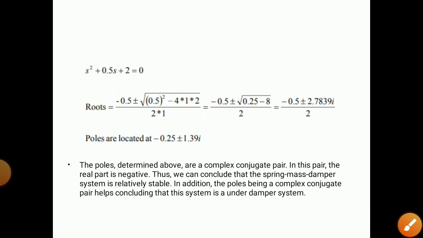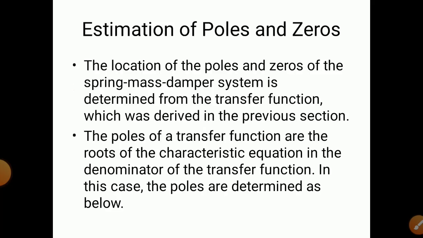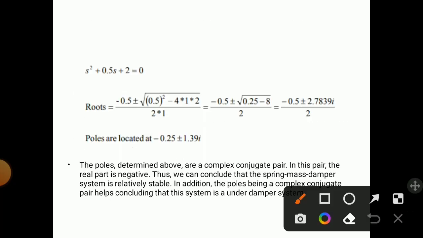Here the denominator equation is s square plus 0.5 s plus 2 equal to 0. This is the denominator equation. Now we have to find out the roots. The formula you know for finding roots is minus b plus or minus under root of b square minus 4ac, divided by twice a.